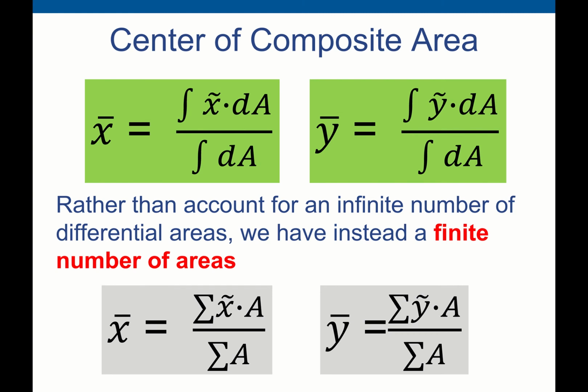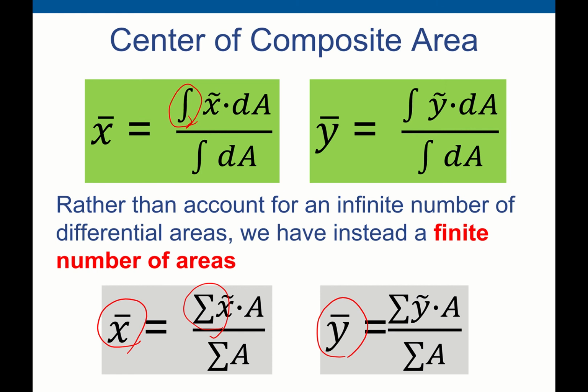There are 2 or 3 bodies connected to each other. So instead of the integral, we use a sigma. We add up all the areas of the composite body and their centroid location information as well to determine the real x bar and y bar.